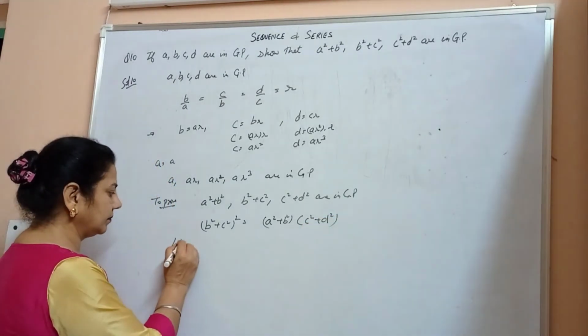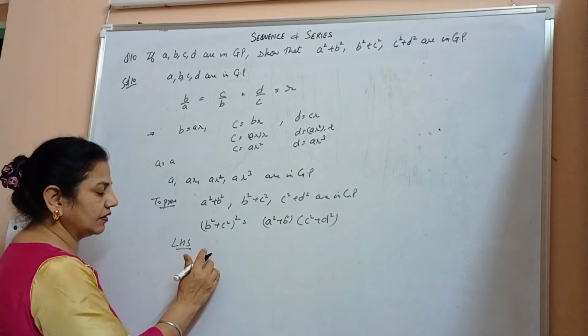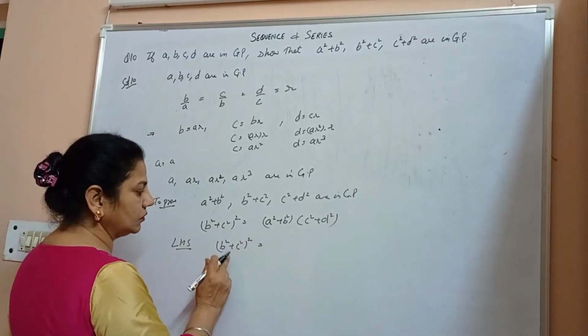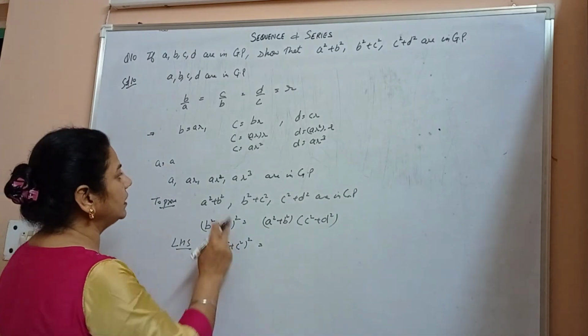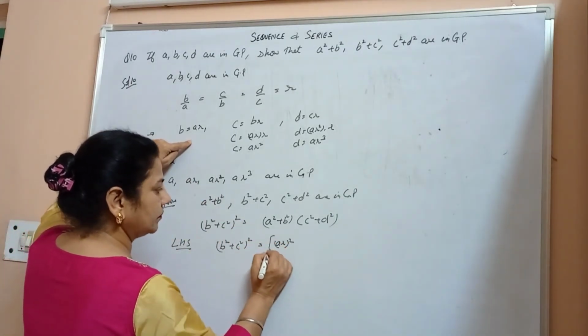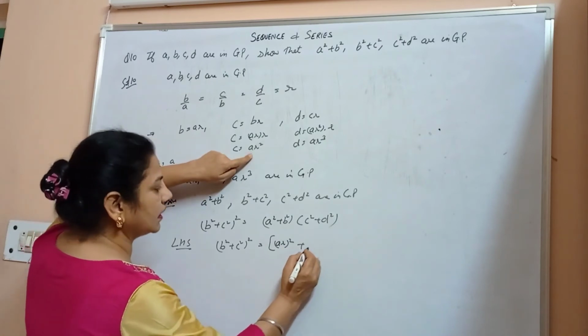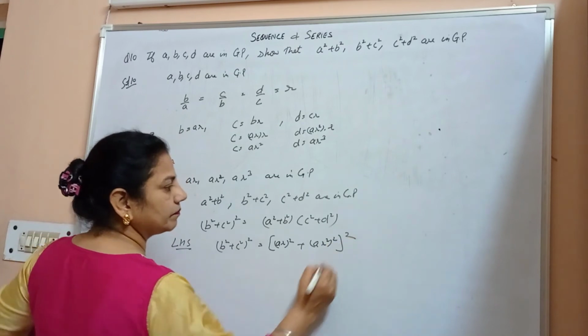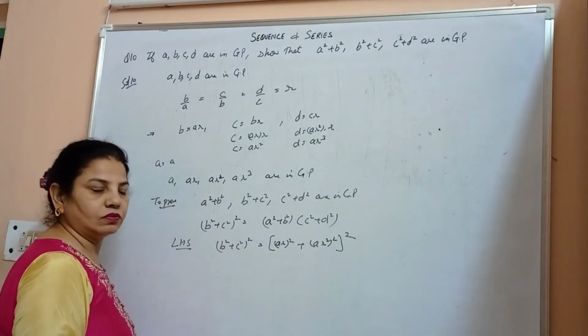Consider left hand side. First we solve for the left hand side. I get B square plus C square whole square, substitute the value of B and C. B is AR, so I get AR square plus C is AR square, whole square.